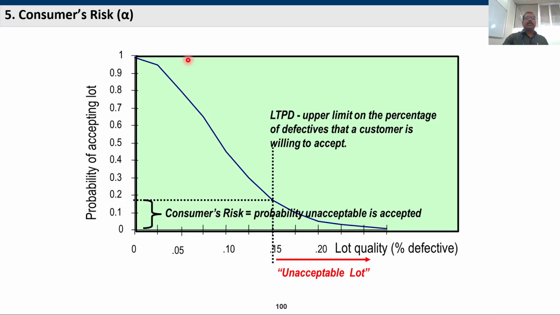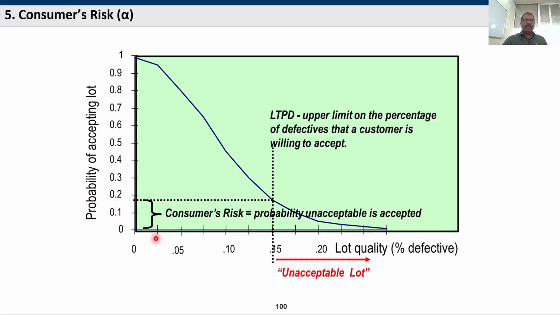But in terms of consumer risk, if you are setting an LTPD, the rejection quality level, here, like a percentage of defect, you are keeping like 15 percent, and if you set this 15 percent LTPD here, then your probability of acceptance will be only almost 18 percent. This value is the consumer risk, meaning the probability that an unacceptable lot is accepted.